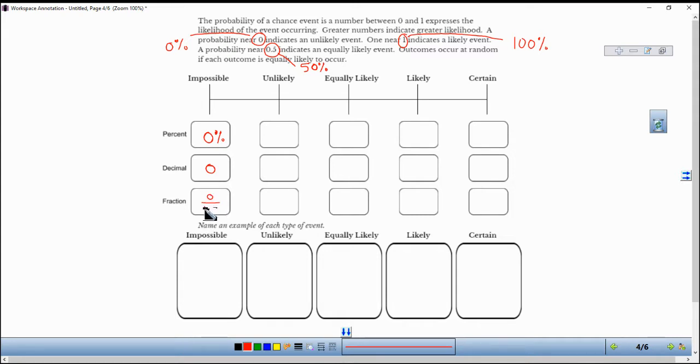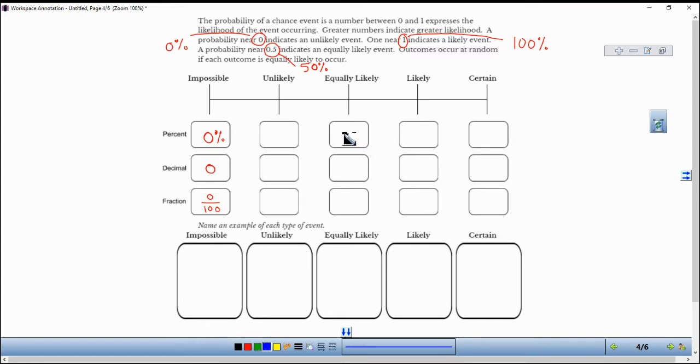We'll just make the fractions out of 100 just because that's what percents are. So the fraction is 0 out of whatever. It could be 0 out of 4, 0 out of 5, whatever it might be. If something is unlikely, and I'm just talking about whole percents now, I'm not getting into decimals, because you could write a percent as a decimal too. But actually, we'll come back to unlikely.